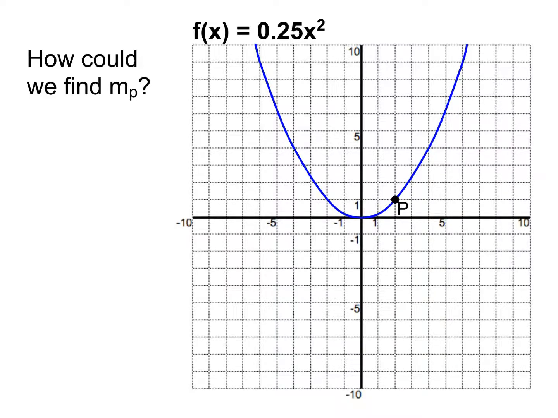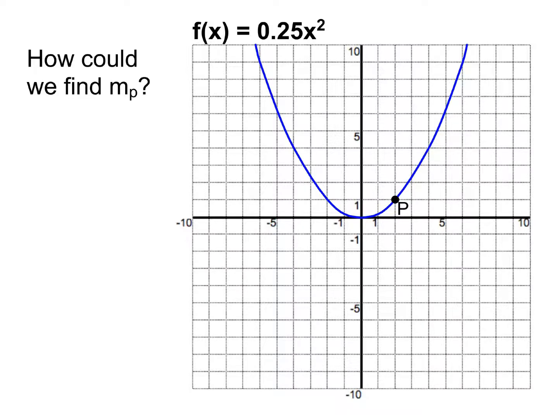How might you do it? Take a moment and just think through a strategy. How would you find the slope of the tangent through P? All right, so what are some strategies we could use to actually find the slope at P? Yeah, so one method goes back to what we did when we were dealing with g of x equals x squared. Remember when we made that table, the most useful values were the ones that were getting really close to point P. Well, in this case, you could do the same thing.